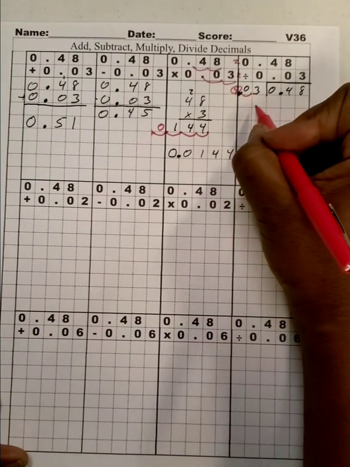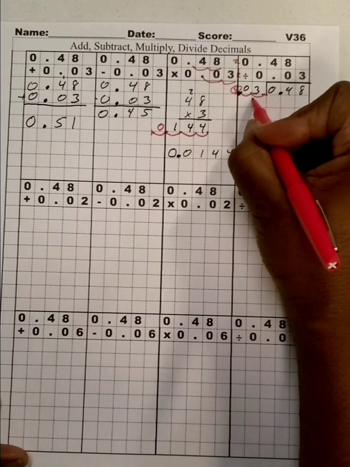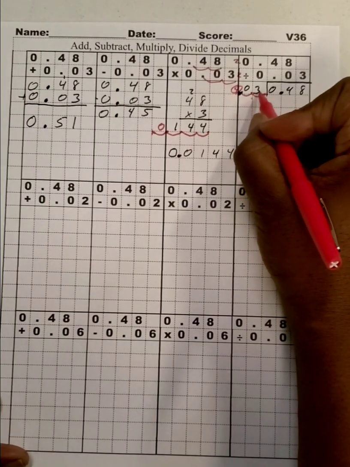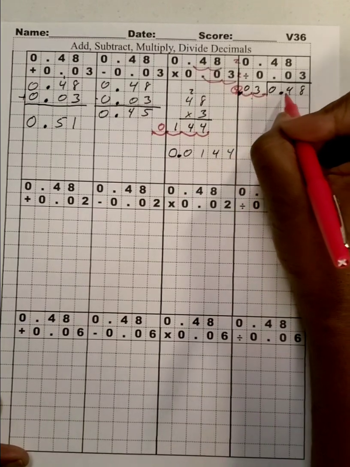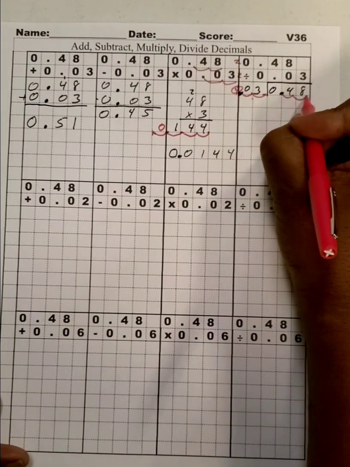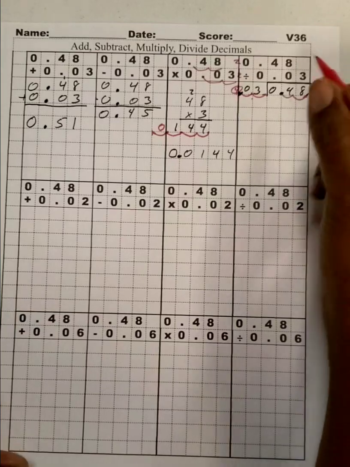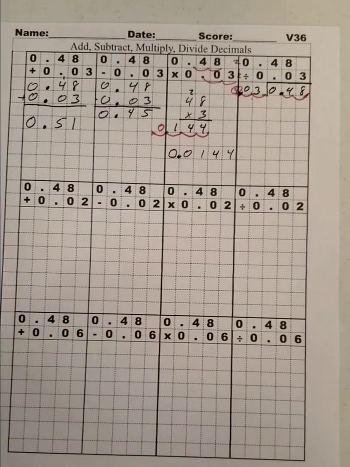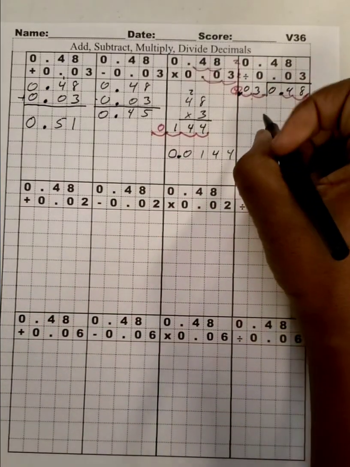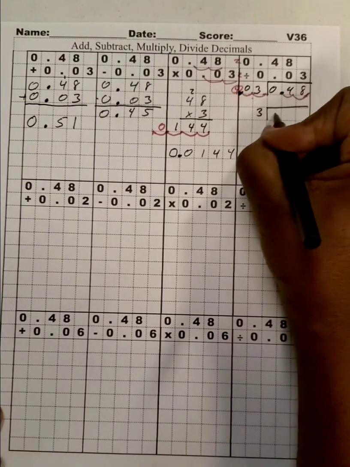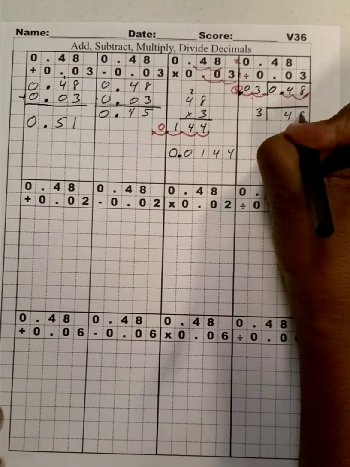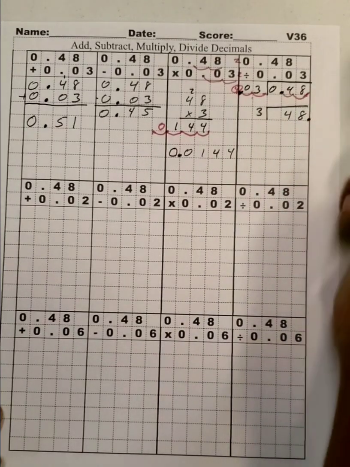So you have to move it 1 time here and then a 2nd time here. So this takes a total of 2 moves to get it to become a regular 3. So if you use 2 moves on the outside, then you must use 2 moves on the inside, which places the decimal here. So when we rewrite the problem with the appropriate decimal places, this will be a 3, and this will be a 4 and an 8 with a decimal right there.